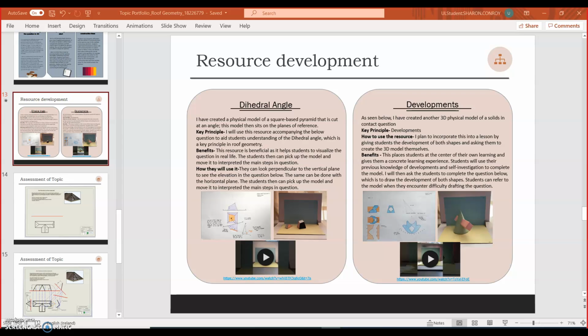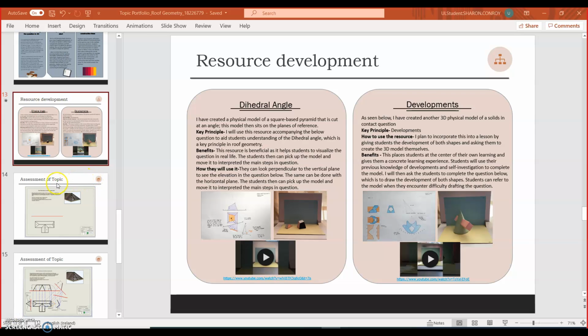It is a fun activity to alleviate difficulty of visualization. It also is accessible to all students, kinesthetic and visual learners. And then students once again can refer back to the model throughout drafting the question, and students can use this in future questions also.